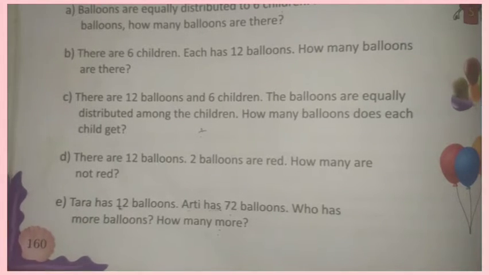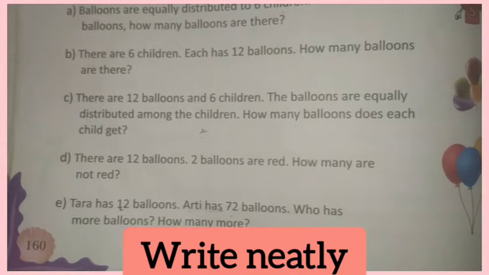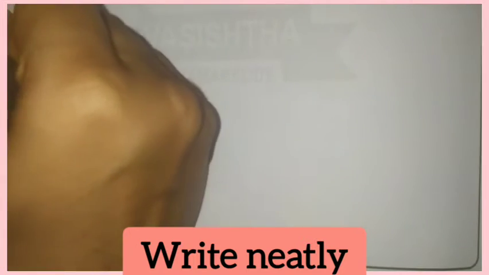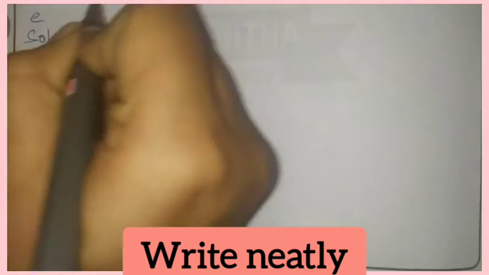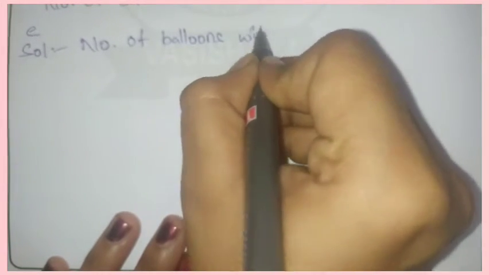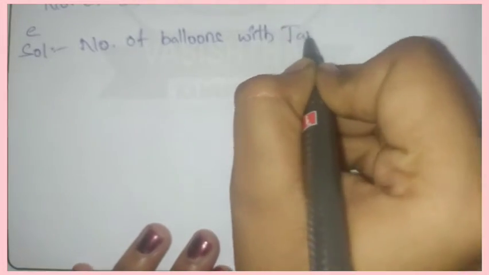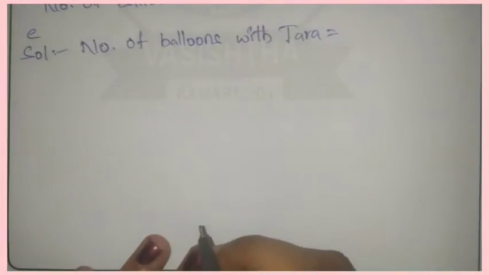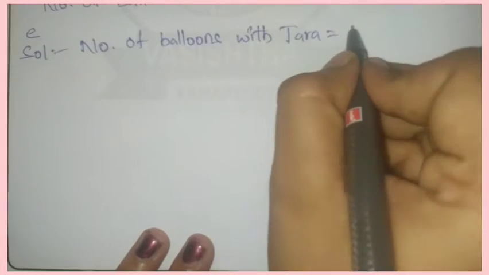Now look at E answer. E solution. Number of balloons with Tara. How many are there? 12.